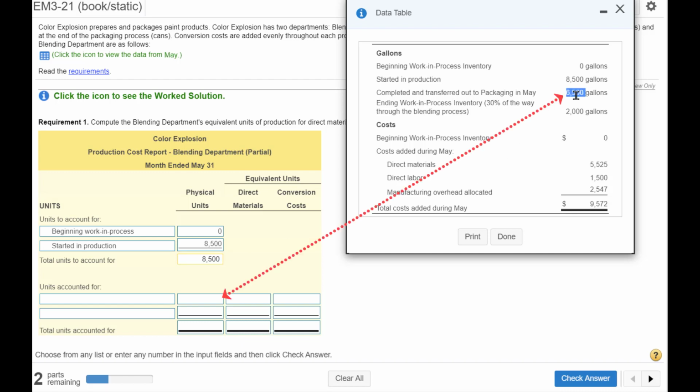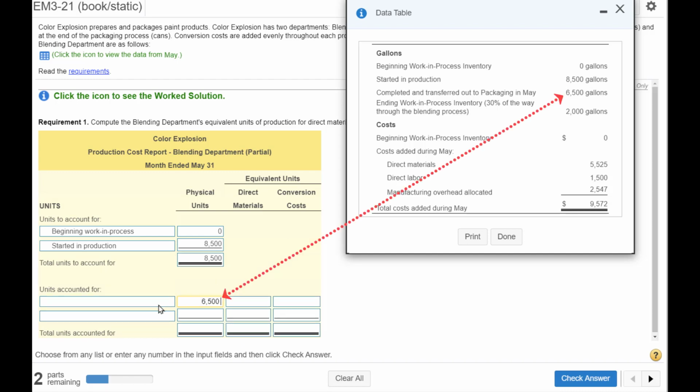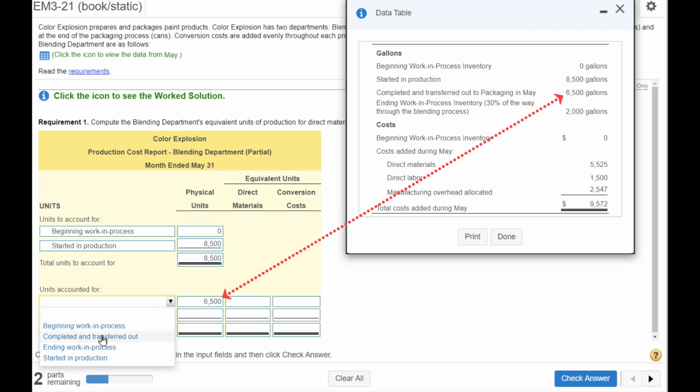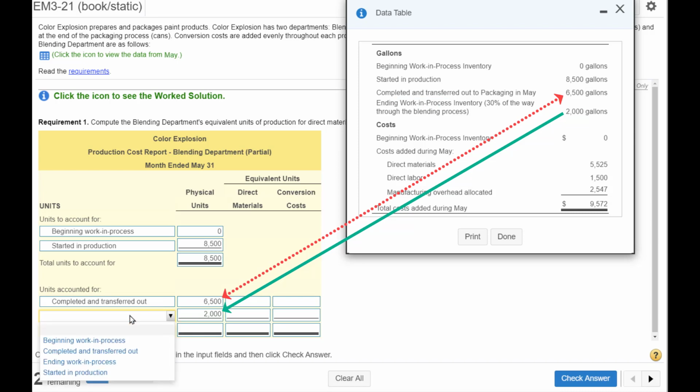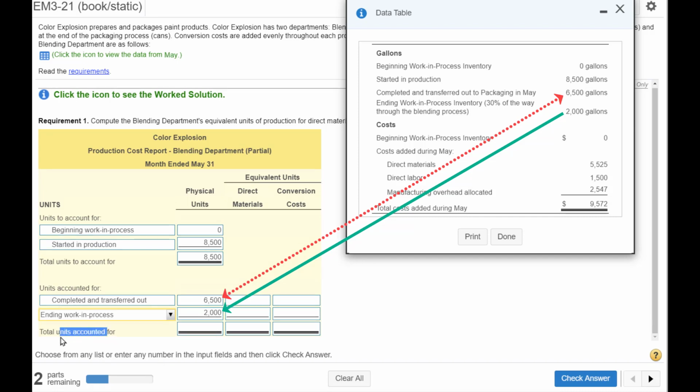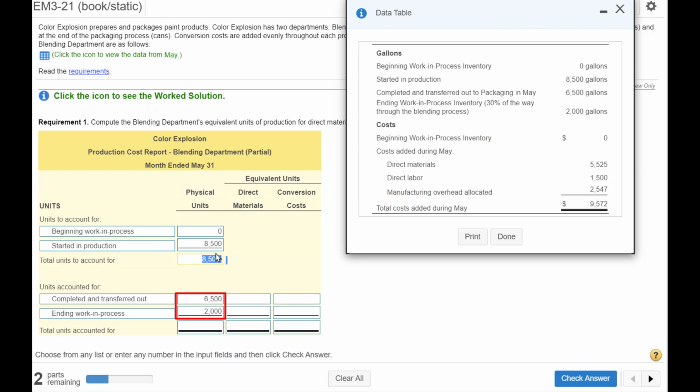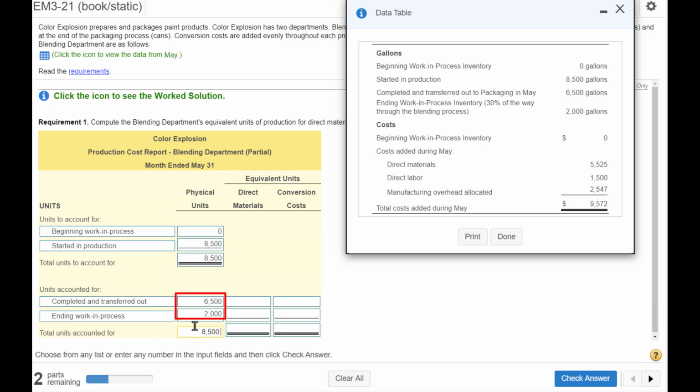So the units transferred out are 6,500, completed and transferred out, and then the units still in the ending work in process because they're incomplete, there's 2,000 of them. Ending work in process. So the total units accounted for are 6,500 plus 2,000, which is the same as the 8,500. So this is one way to double check your work. The units to account for and the units accounted for have to be the same.